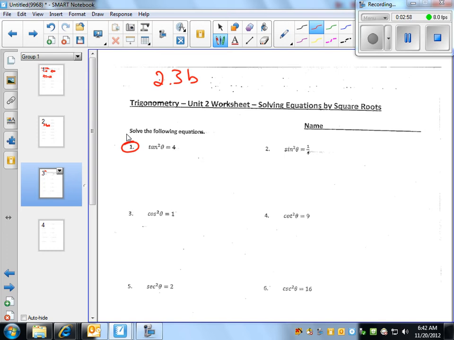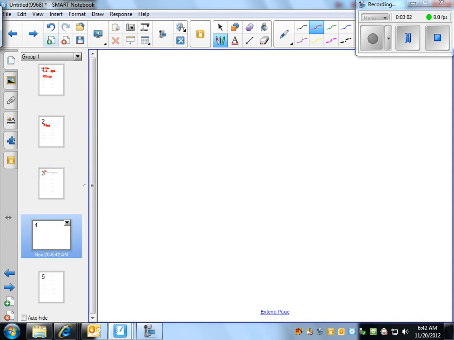Tangent squared is equal to 4. Well, in order to maybe see this, we may need to look at that tangent squared actually is tangent of theta squared. That's what it actually means. It's tangent twice.